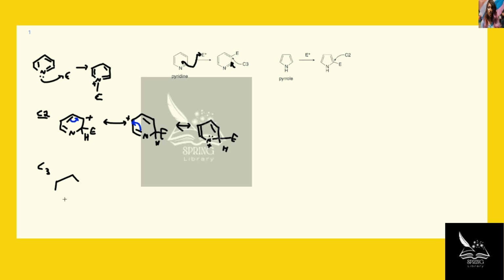If attack were to occur on carbon 3, on this carbon here, then we would have a carbocation over here, in which this pi bond can come on this side, making a positive charge over here, and then this pi bond can come over here to move that positive charge around.